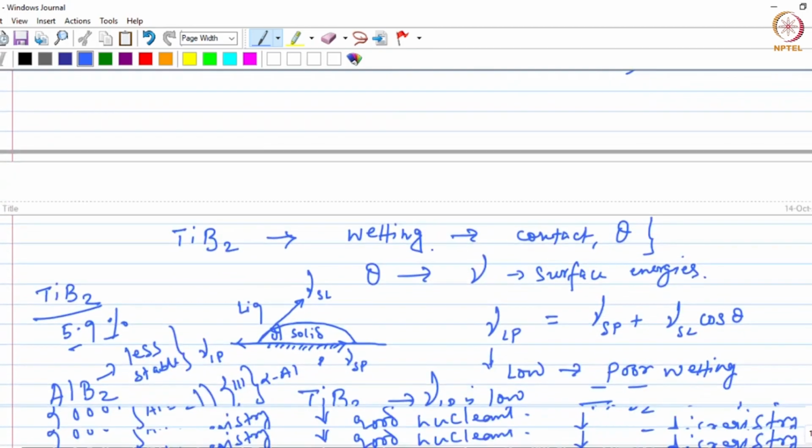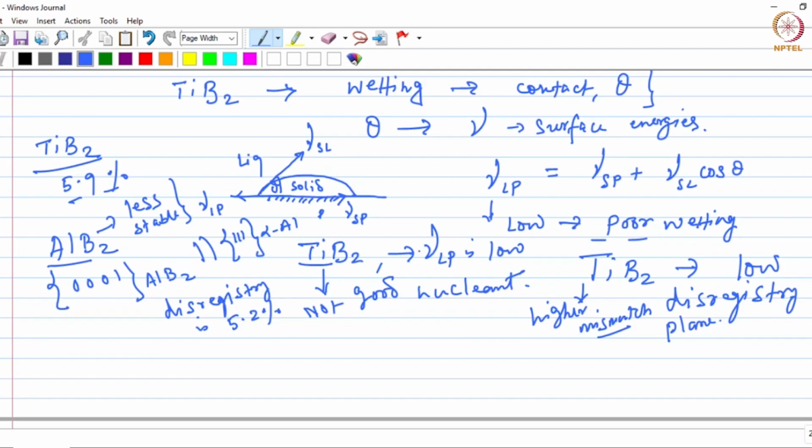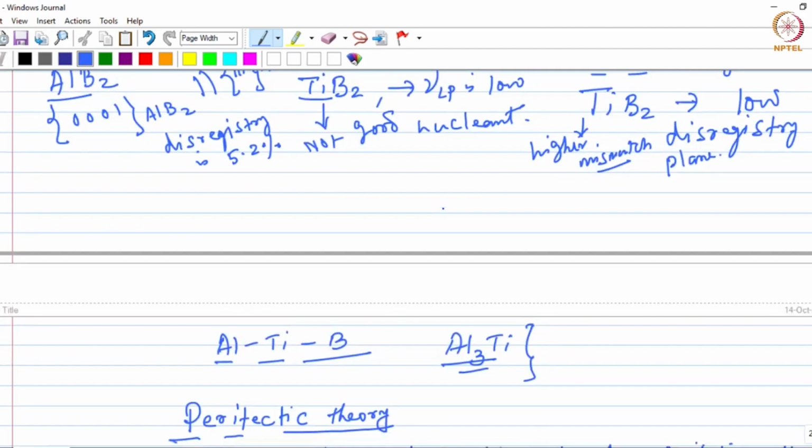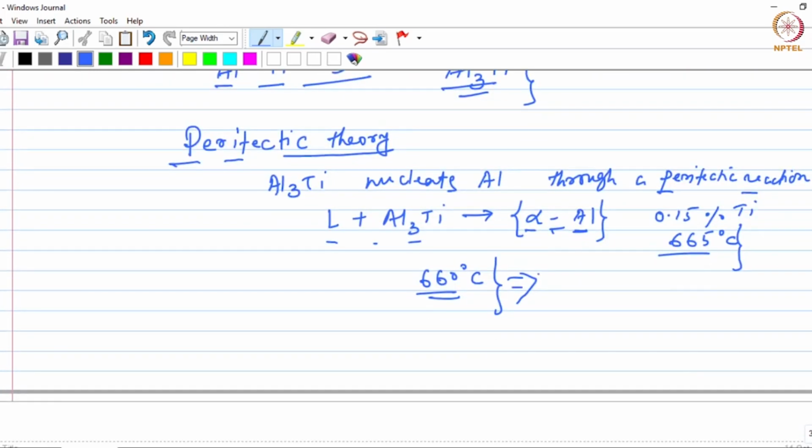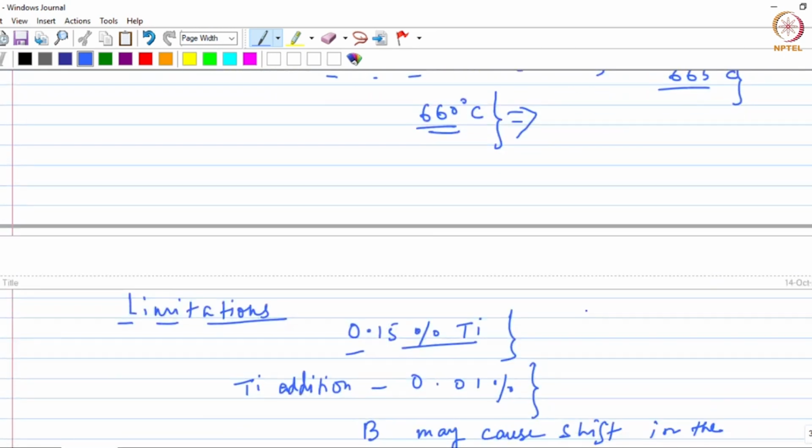Then we talked about the peritectic theory, which says that there is a peritectic at a particular titanium concentration and temperature, and the alpha aluminium which forms due to this peritectic reaction actually acts as the heterogeneous surface for nucleating the aluminium when the temperature is lowered below the equilibrium melting point.